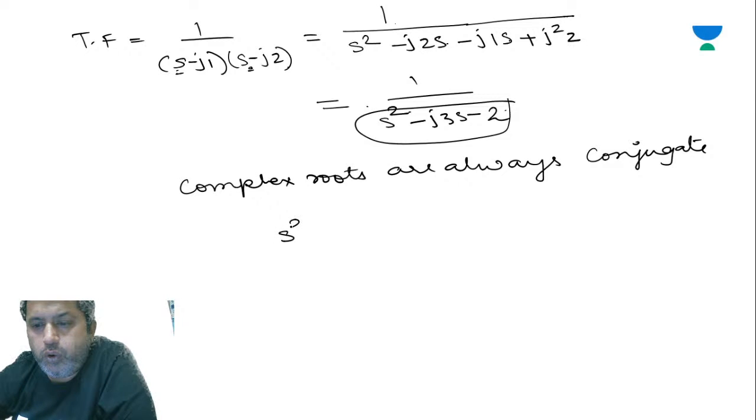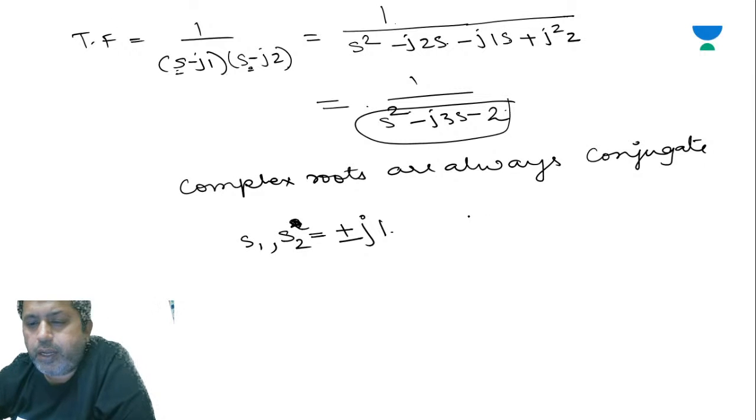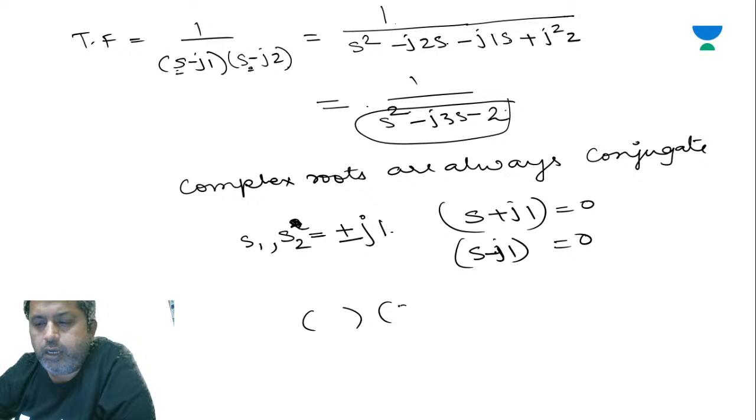So if I write s square equal to minus 1, s1, s2 is equal to plus minus j1. That means s plus j1 equal to 0, s minus j1 equal to 0. Then the factors will be (s plus j1)(s minus j1).